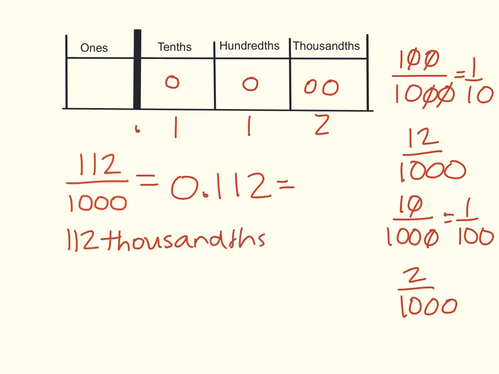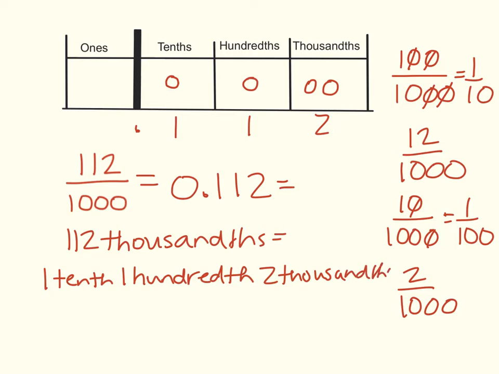Or I can say that I have 1/10, 1/100th, 2 thousandths, or I can say I have 1/10 and 12 thousandths. So there are 3 ways I can write it in number and word form.